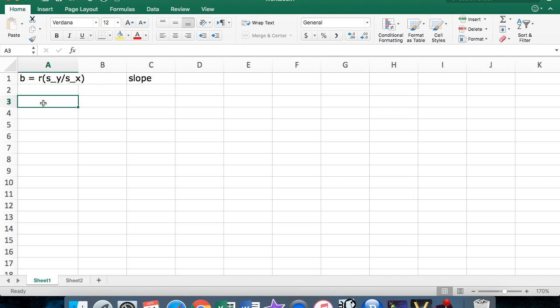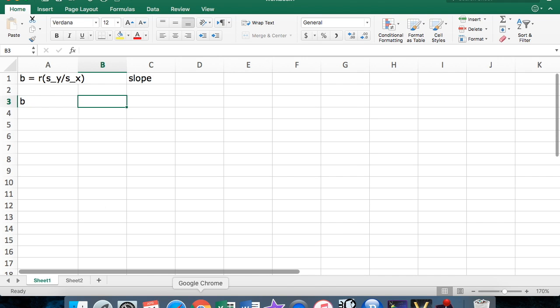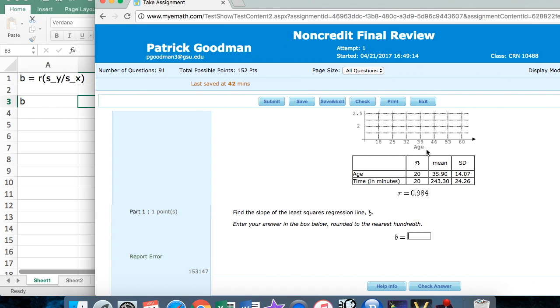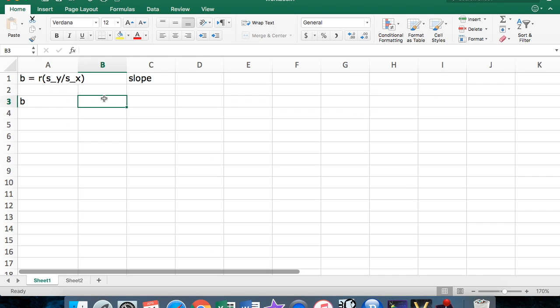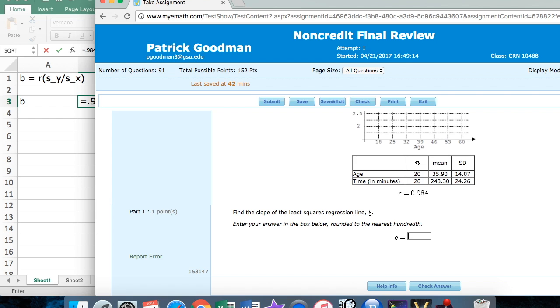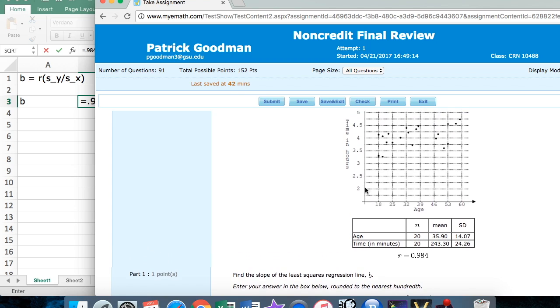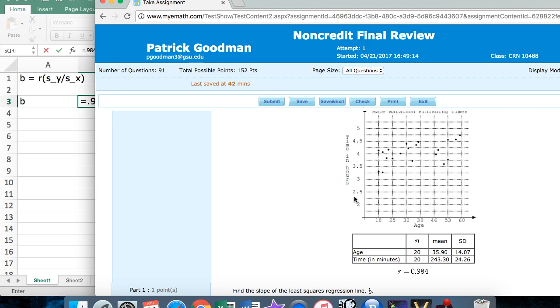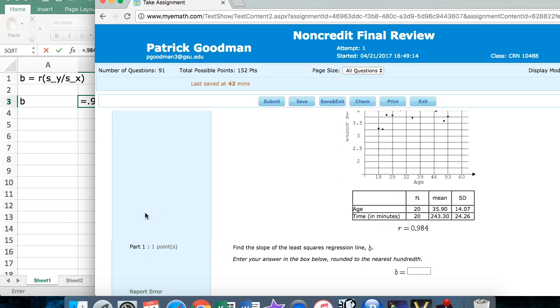My B is simply going to be my R, which they give as 0.984, times my standard deviation. If you have trouble figuring out which one's X and which one's Y, your Y is up-down and your X is left-right. So age is your X, and Y is your time.